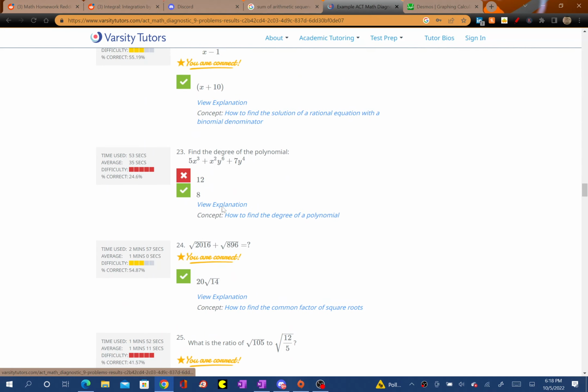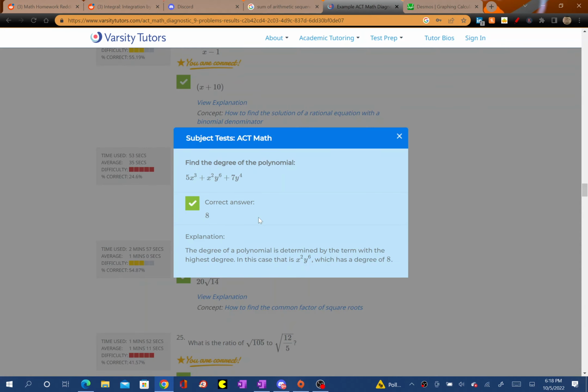And let's see another one that we got. Find the degree of the polynomial. Oh, I think it was because you add those two, so if you add those 2 degrees, you get 8. I think so.